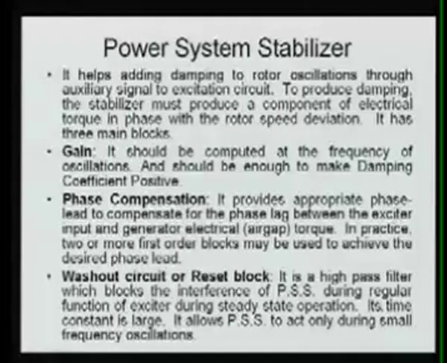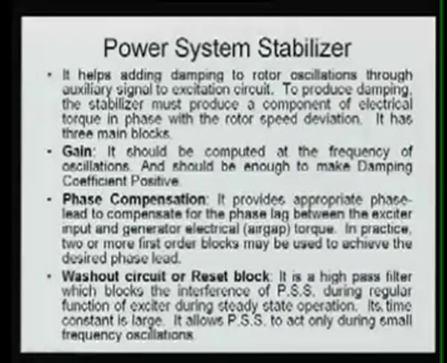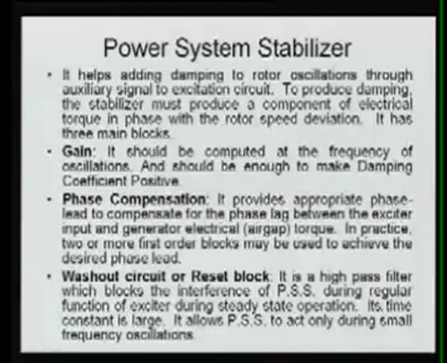Now, normally to damp out the power system oscillations, which are always present in the power system, we use power system stabilizers. Power system stabilizers are very, very useful for improving the dynamic stability of the system. They help add damping to the rotor oscillations through an auxiliary signal to the excitation circuit.